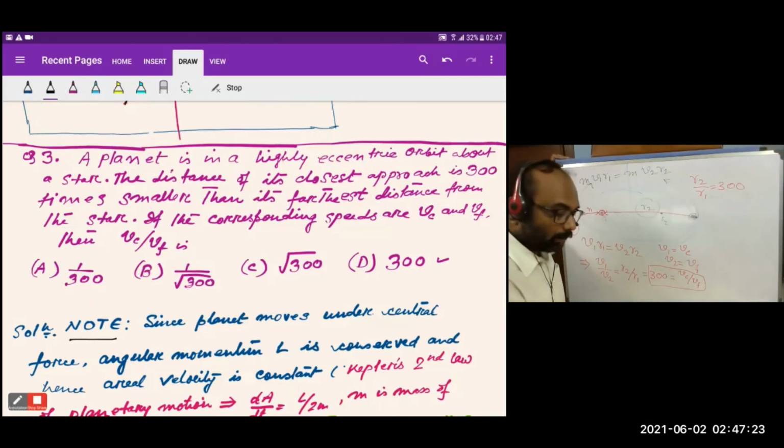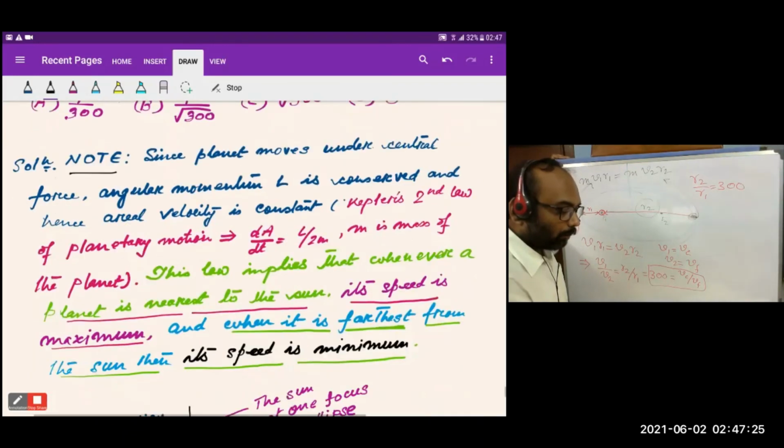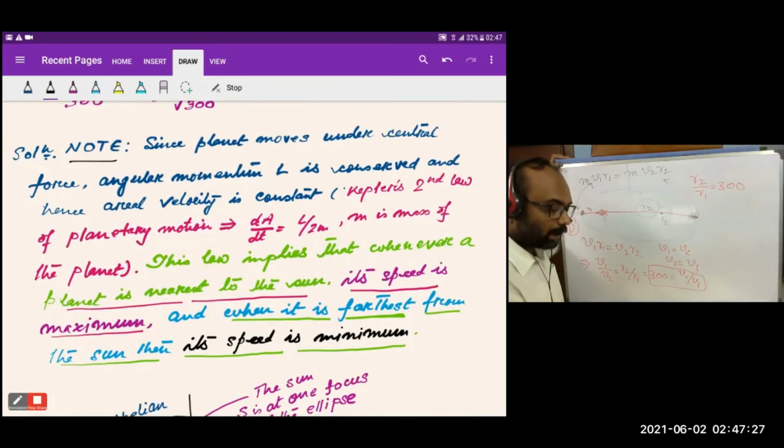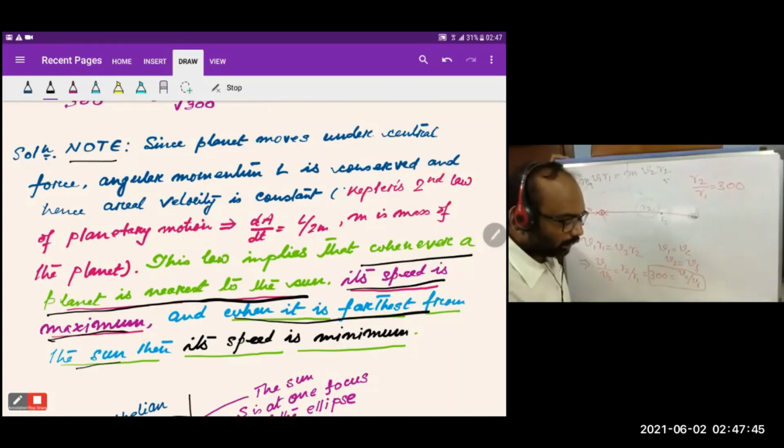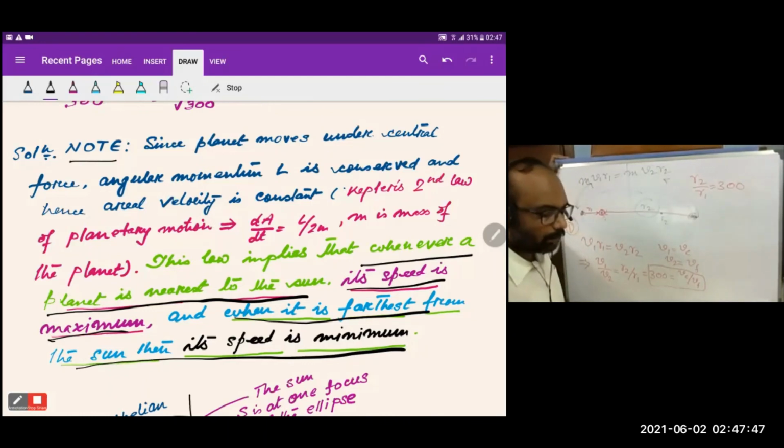And this is what Kepler's second law of planetary motion says, that whenever a planet is nearest to the sun, its speed is maximum, and when it is farthest from the sun, its speed is minimum.